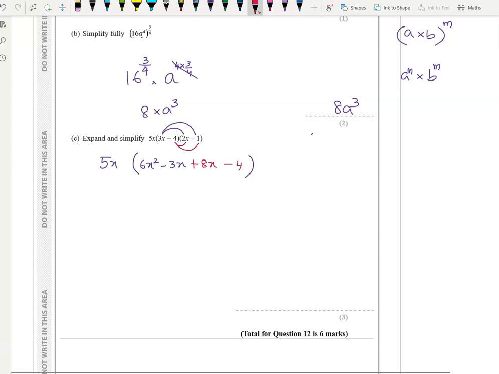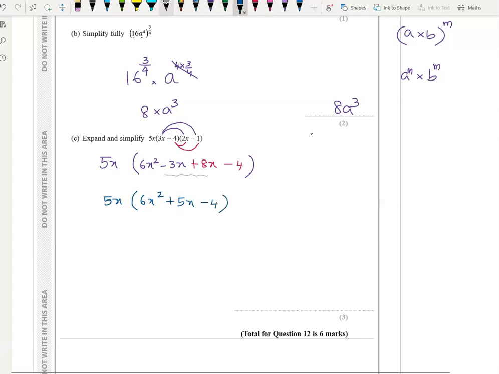Now inside the bracket we have some like terms. So minus 3x and 8x can be simplified. So you have 5x, 6x squared will be the same. 8x minus 3x you get plus 5x minus 4.